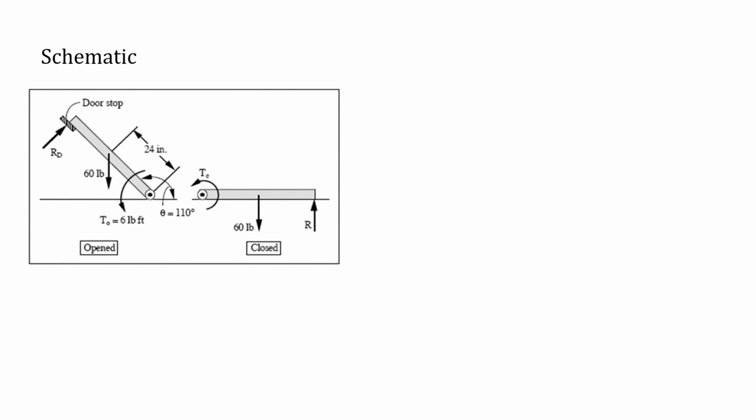Then when it's closed, we have a torque there, TC, which is torque closed. And our 60-pound weight is still there. It's 24 inches away. And then you have the reaction force there. Once again, we're not going to be solving for it, but it's essentially just the door being pressed into the floor, I guess.